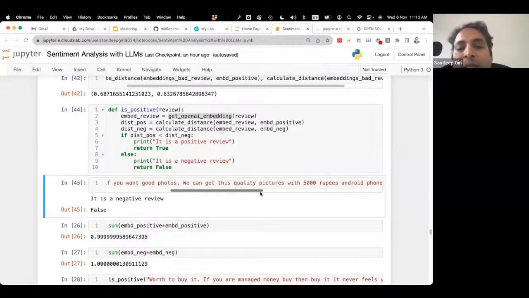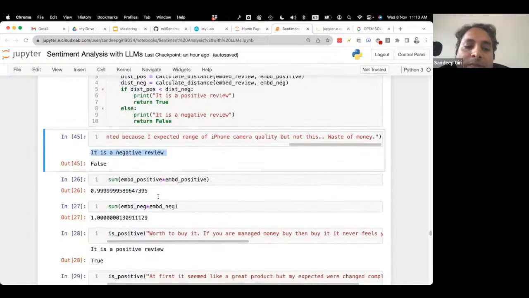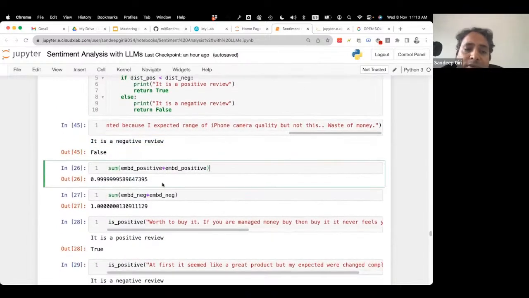We can get this quality picture with a 5,000 rupees Android phone. I am totally disappointed because I expected the range of iPhone camera quality, but not this. Waste of money. Okay, so this is a negative review. I hope it makes sense to all of you.